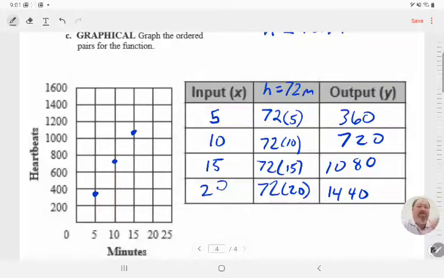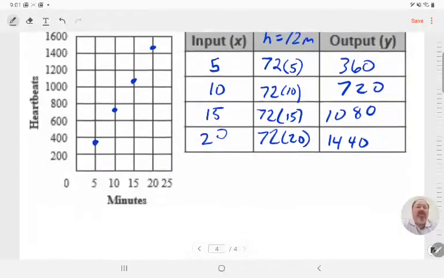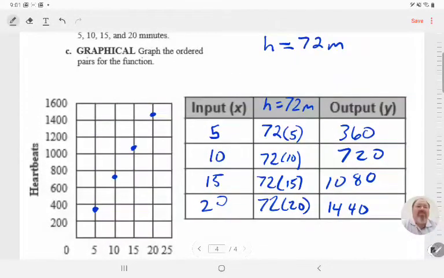And on 20, 1440 would be about here. So now I've finished my graphing. So now I have answered everything that the problem asked me to answer. A, B, and C. Okay? All right.